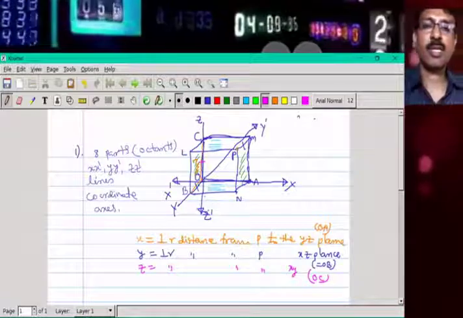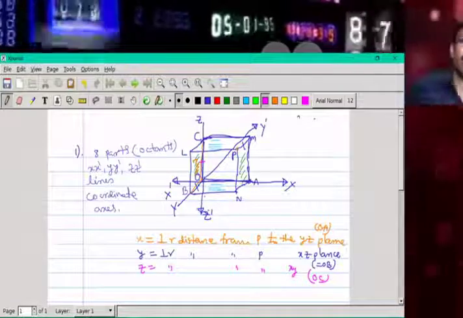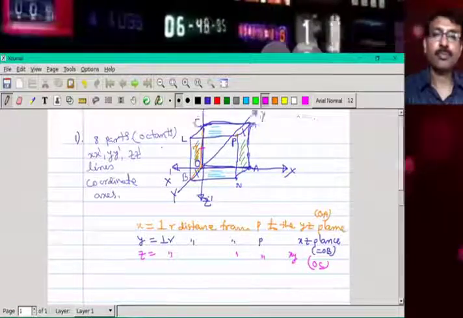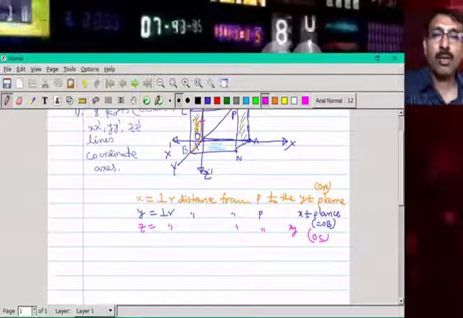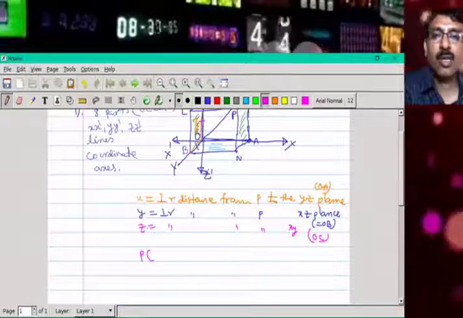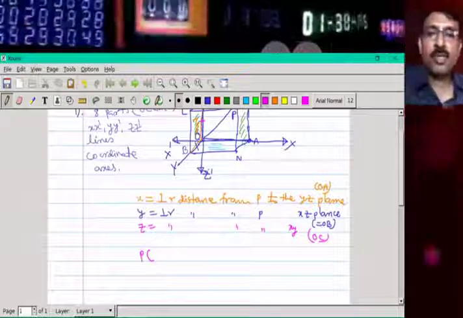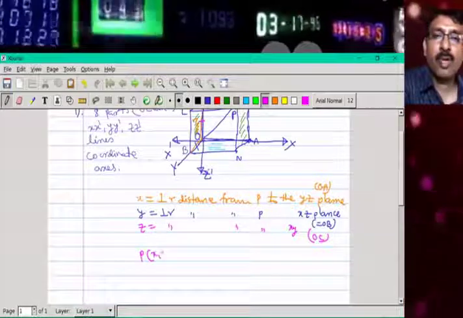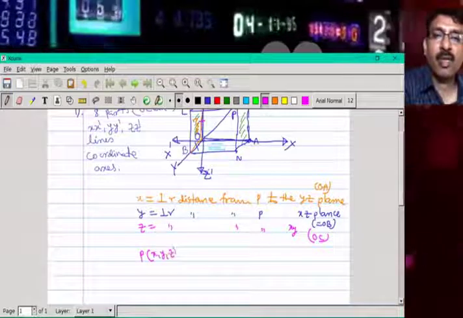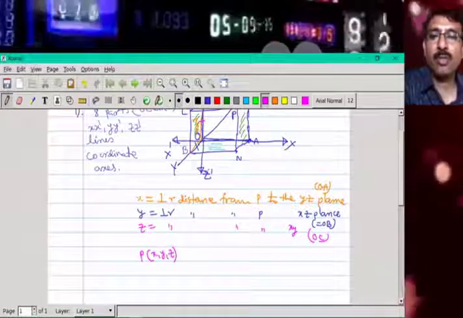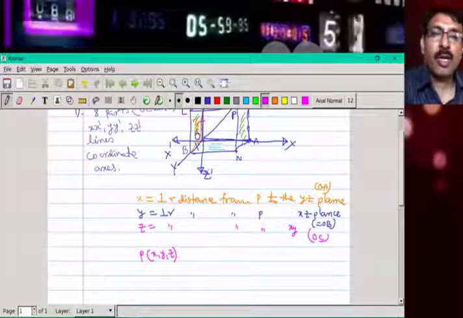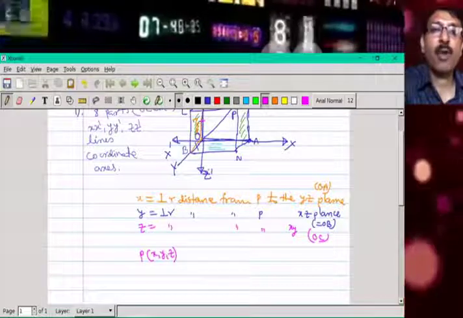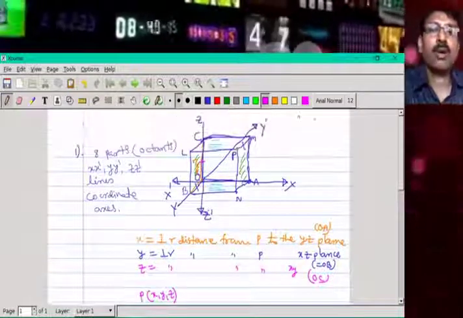So these are the definitions of the x, y, z coordinates, and the distances are the values of x, y, z. Written together in order, this is called the coordinates of a point P in three-dimensional geometry or space.